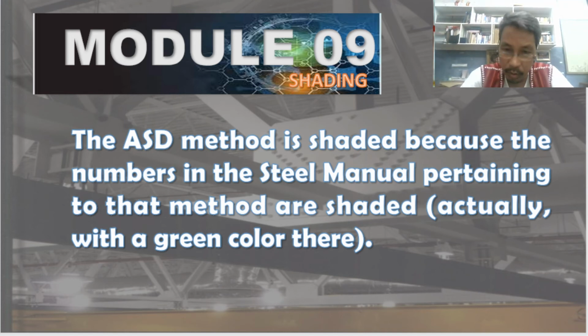So the book used that same policy. Actually, that is not shaded in the code. Instead, those are in green color.